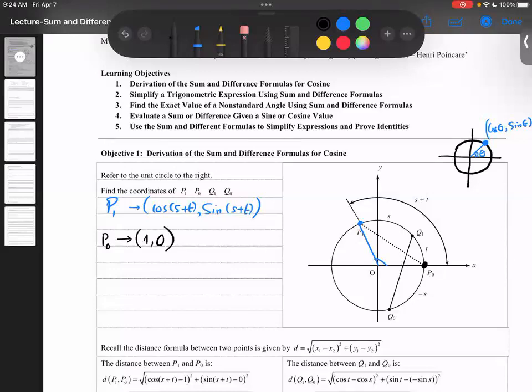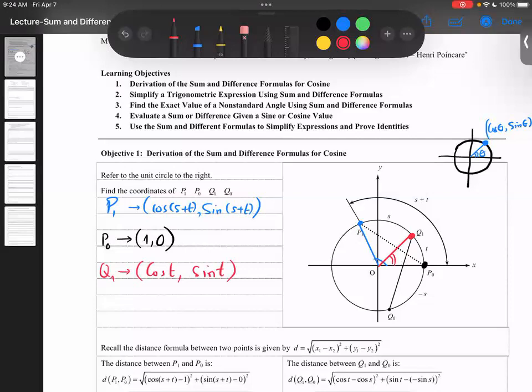Similarly, Q1 I denote in red. So now the angle for Q1 is that one. It will be T right there. So I'm sorry, the coordinate of Q1 will be cosine of T, comma, sine of T, where T is some angle.